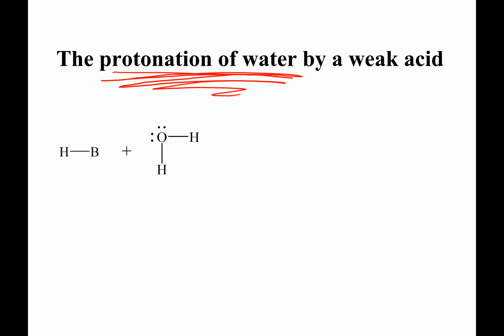Protonation of water: H2O. We know water is H2O. So H2O plus H is this. What's going to happen is this H is going to end up over there. You're going to have a B minus on the product side. And when we talk about the Lewis definition of an acid-base, this is consistent with that too. This is going to be your proton donor. This is going to be the proton acceptor. Seems reasonable.